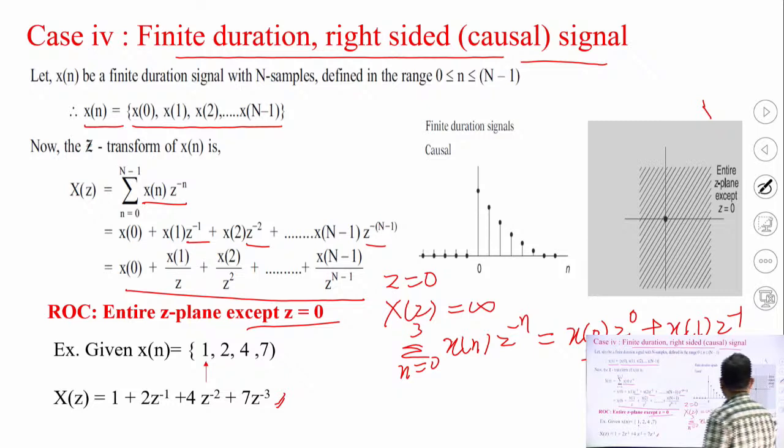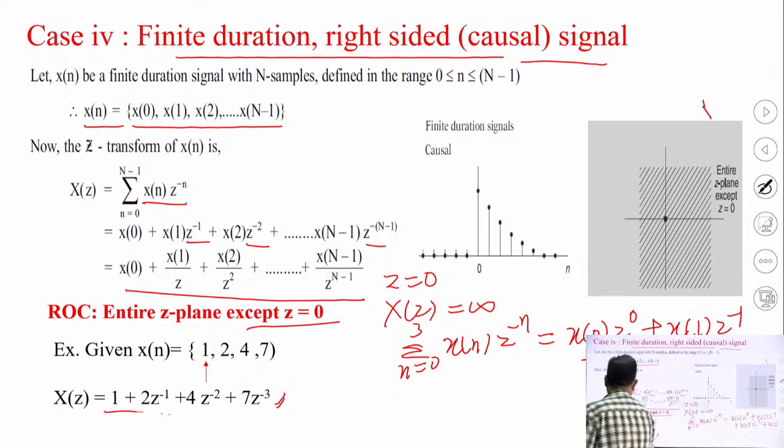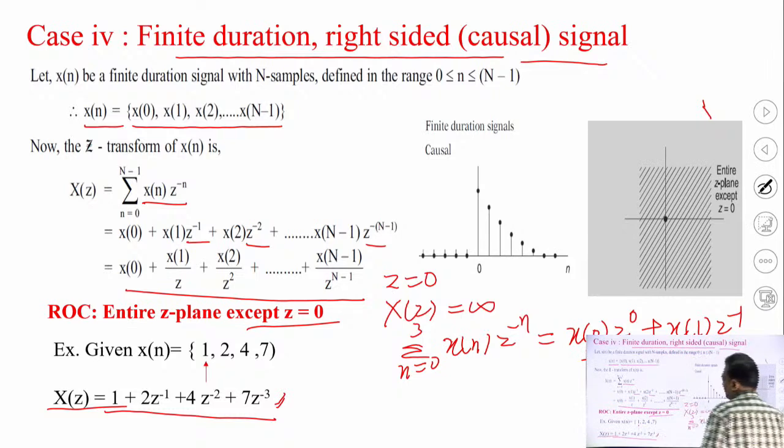Now if you put in the values of x0, x1, x2 and x3 from here, you will get this. This is the z transform of the finite duration signal. And again, if the value of z becomes 0, this value will become infinity. So you can say the z transform exists, or the ROC is, the entire z plane except z equals 0.